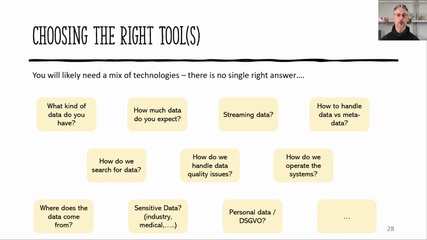We also need to think about where the data comes from, and more on the organizational side, do we have sensitive data like industrial data, non-disclosure agreements, medical data, personal data, and so on. If we do have these kinds of restrictions on data, we also need to think about how we can access the data, how we can safeguard the data and implement access control systems.